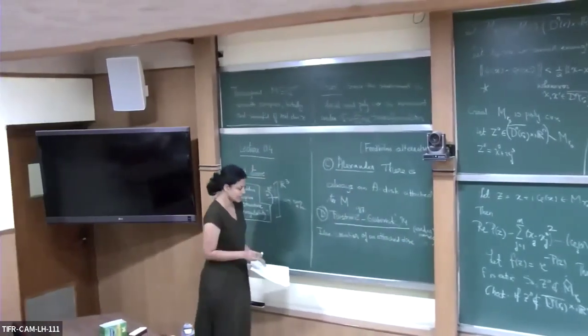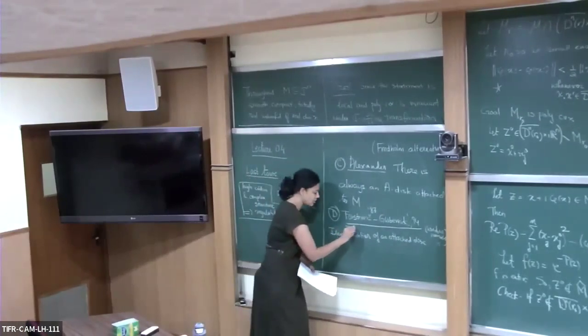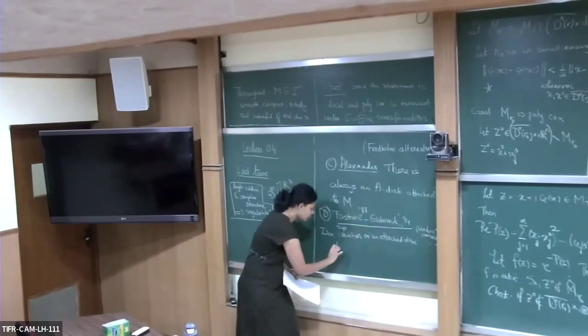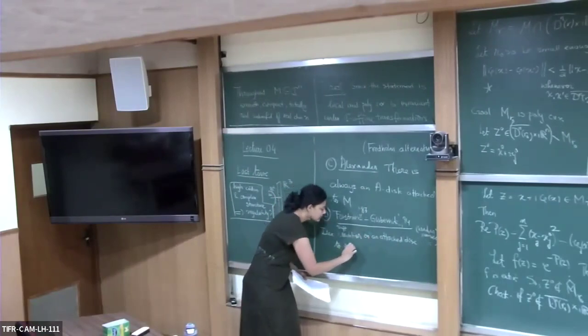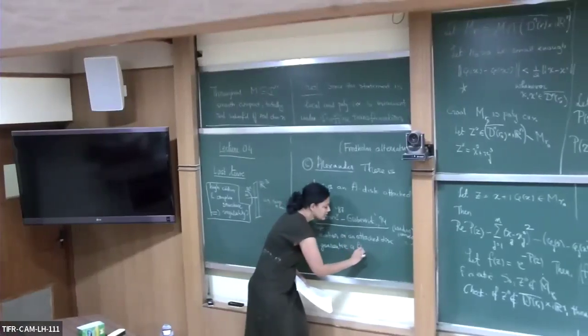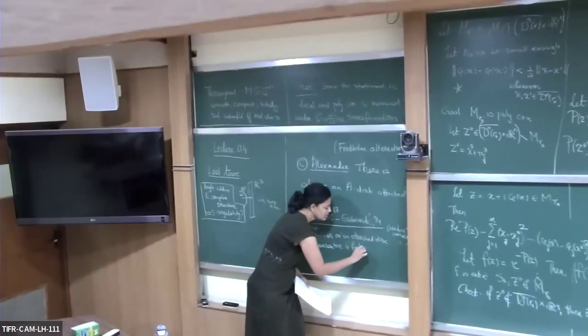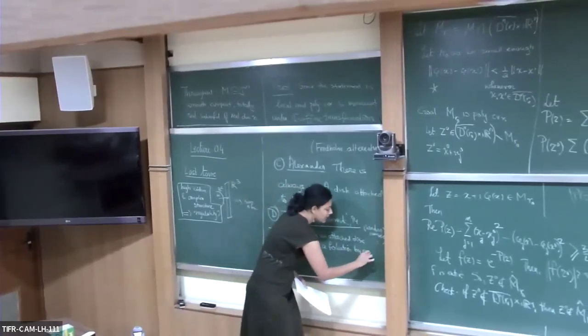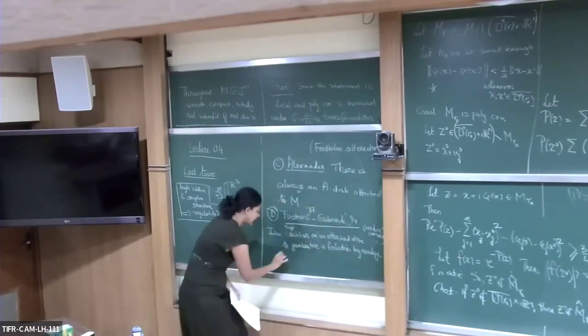So they give a sufficient condition on an attached disk to guarantee a foliation by nearby attached disks.